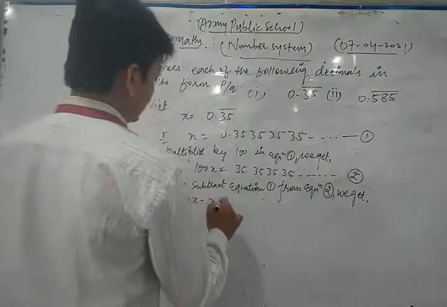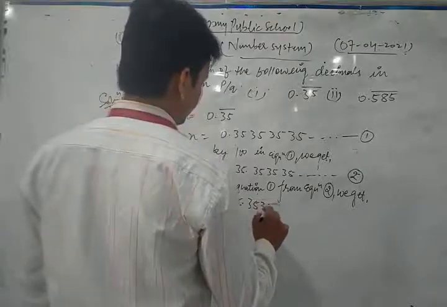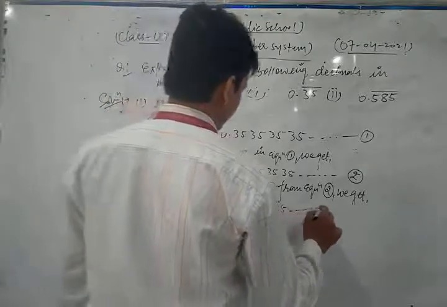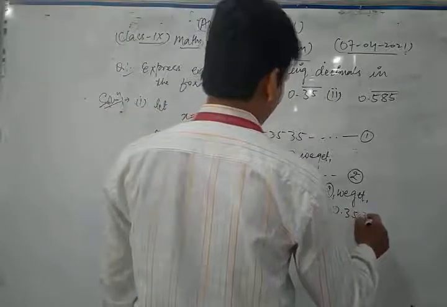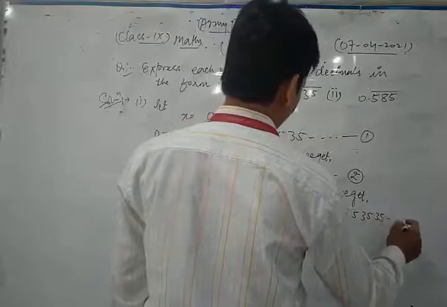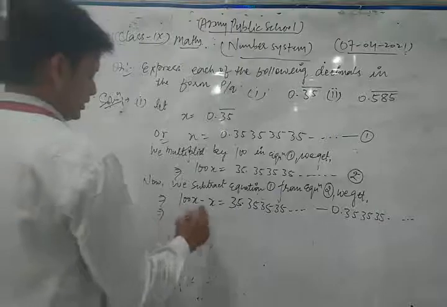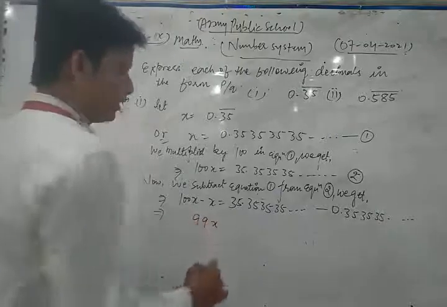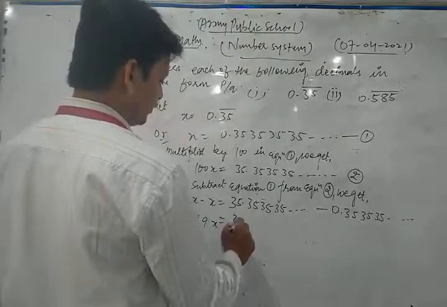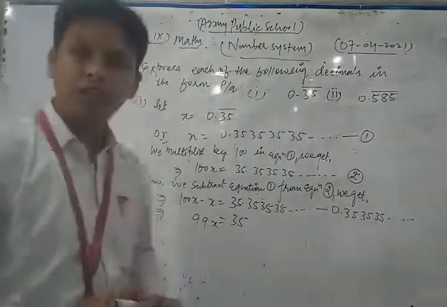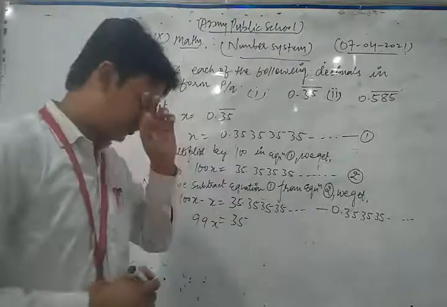100x minus x equals 35.3535 and so on, minus 0.353535 and so on. Now let's see what we get. This is 99x equals, here we only get 35 because all the decimal terms cancel out to 0.